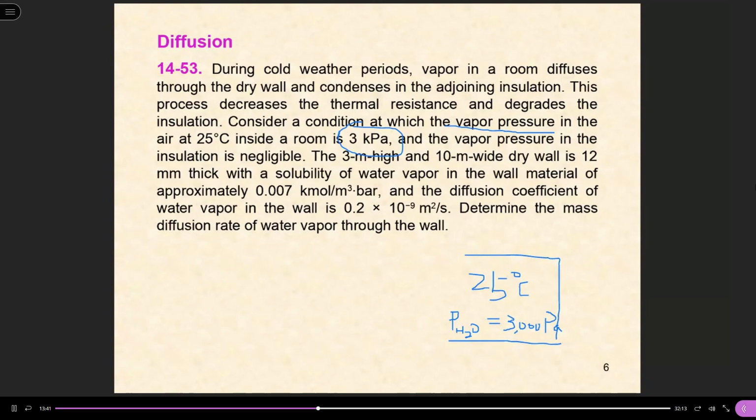Okay, this is another poll. Oh, your response is very quick. Here we say the partial pressure of water vapor in the room, the room I just drew, right? Say the partial pressure of water vapor is only about 3,000 Pascal.